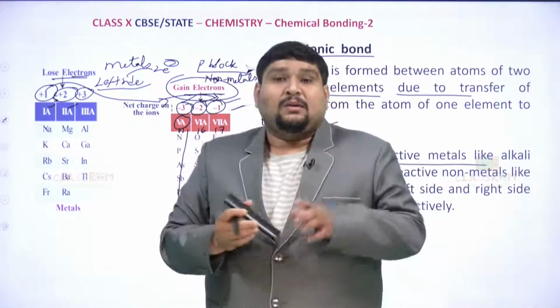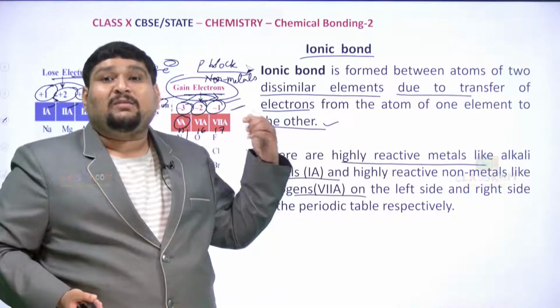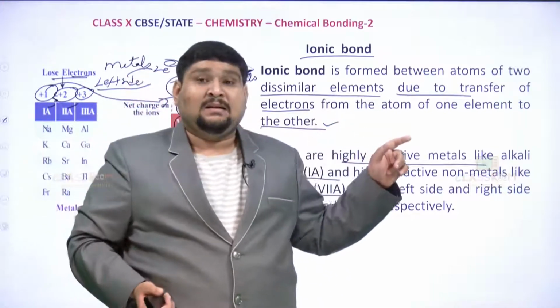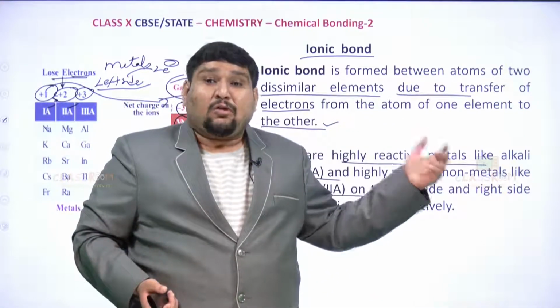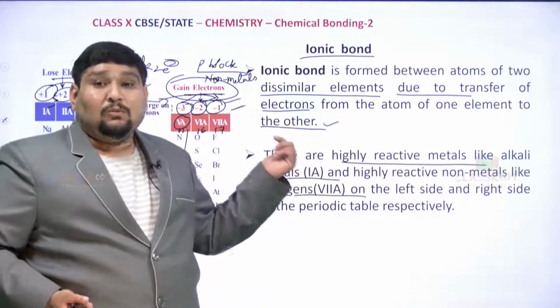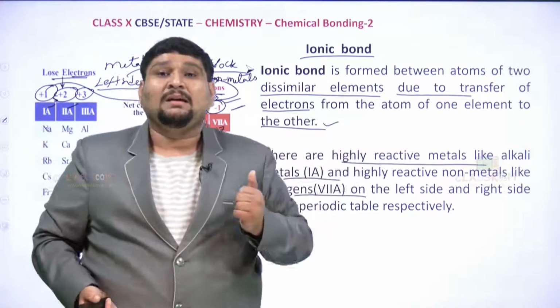As per the note, highly reactive metals like the alkali metals of group 1A react with highly reactive non-metals in the 17th group, the halogens, which are situated at the right side of the periodic table.